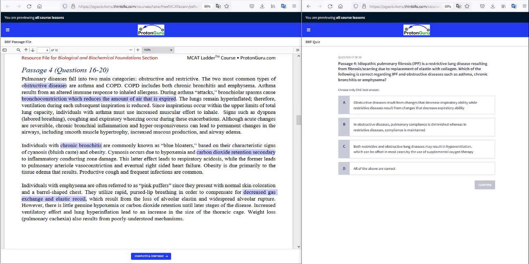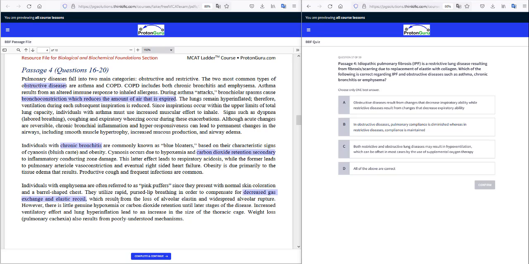How about choice C, about hypoventilation? Now, hypoventilation is breathing that's too shallow. You can't meet the body's needs for oxygen. And this can occur in either of the types of respiratory conditions we talk about here, obstructive or restrictive. And hypoventilation can result from an inability to move air in or out of the body.